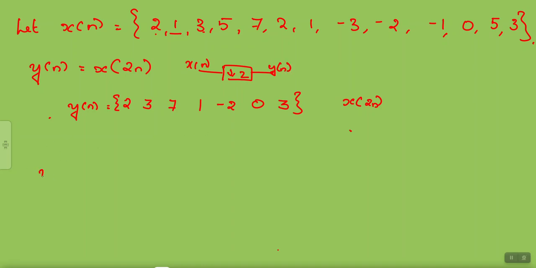If I want to take y of n as x of 3n, then y of n can be represented as 2, 5, 1, minus 1, and 3.